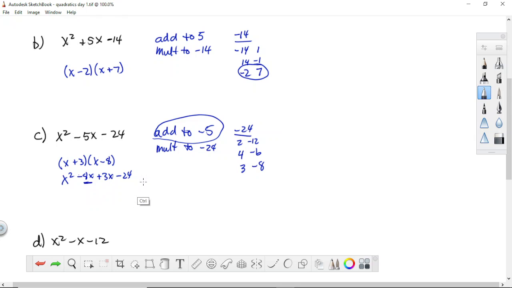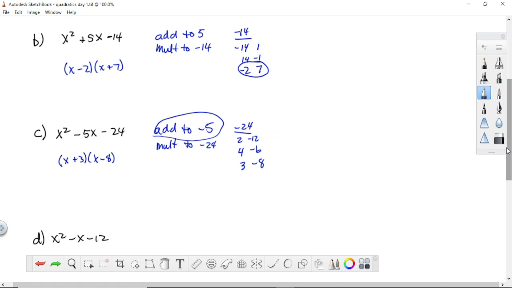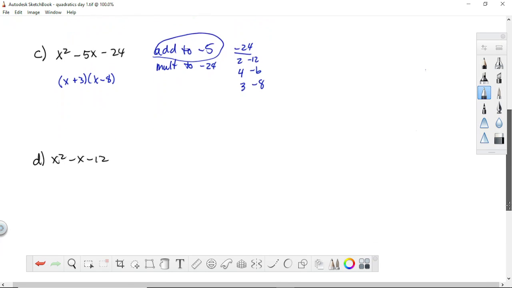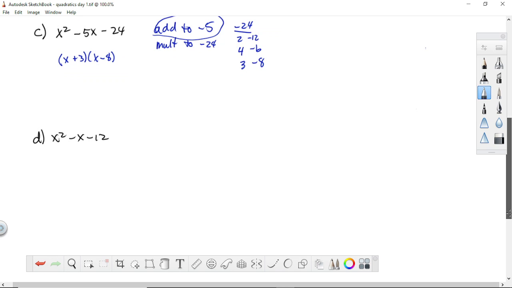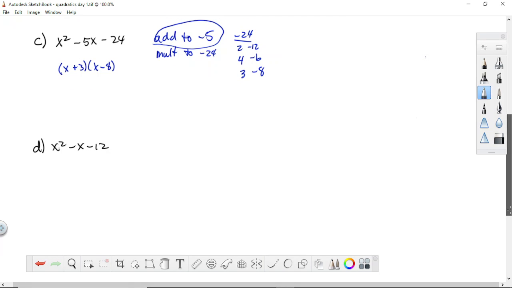So we've got just one more to look at. That's right here, number D, x squared minus x minus 12. We want to factor that, and we'll use the same approach.